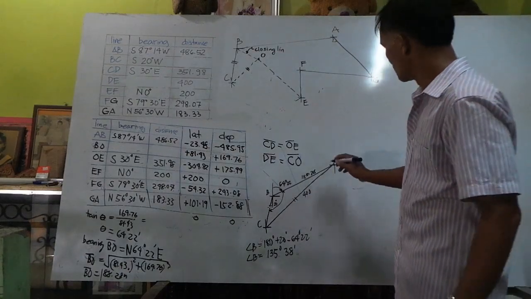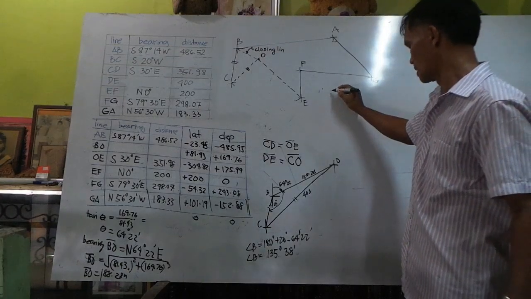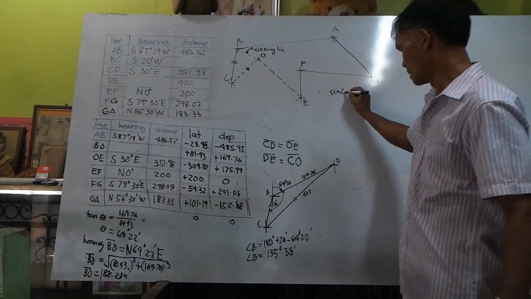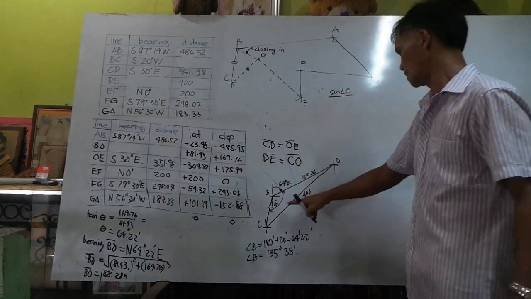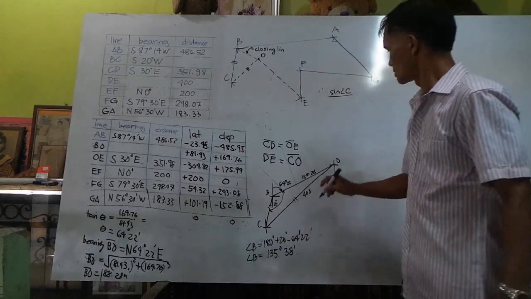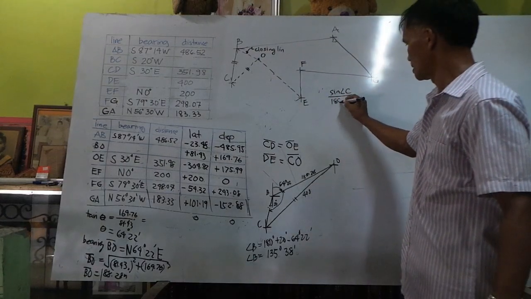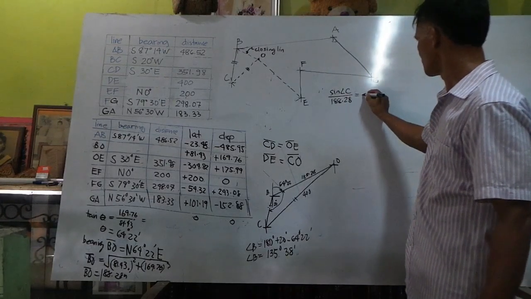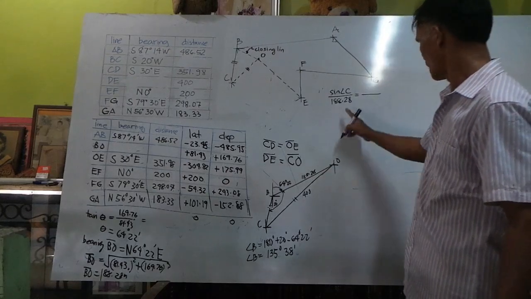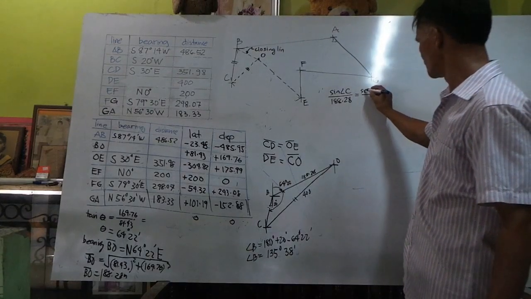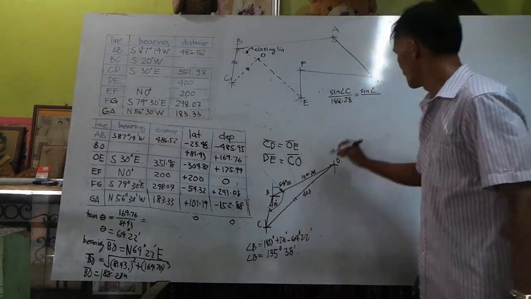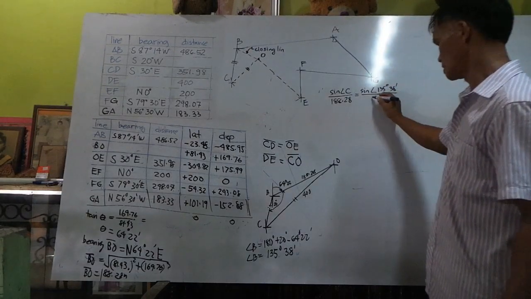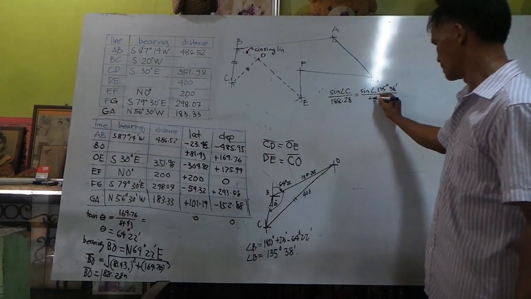Using the sine law, sine of angle C is to 188.28 as sine of 135 degrees 38 minutes is to 400.